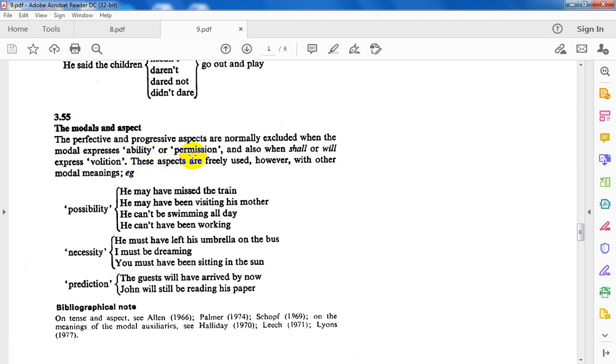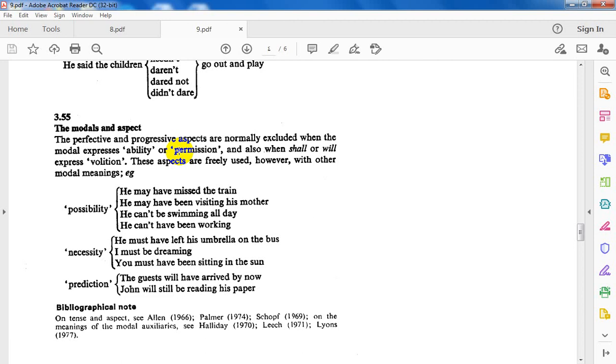Ability and permission: can for ability, and can and may for permission. So if the meaning of the modal is ability or permission, or if will and shall denote volition, they are used only with the simple aspect. If I say I can drive a car, this is ability.